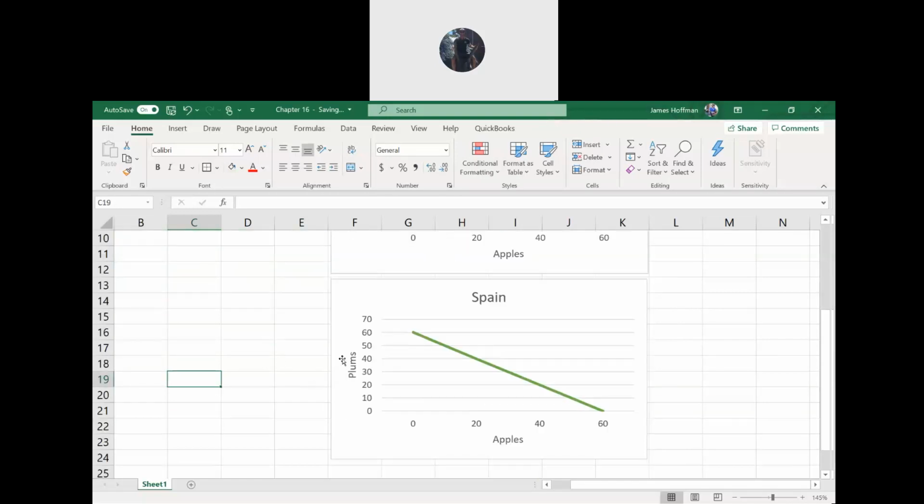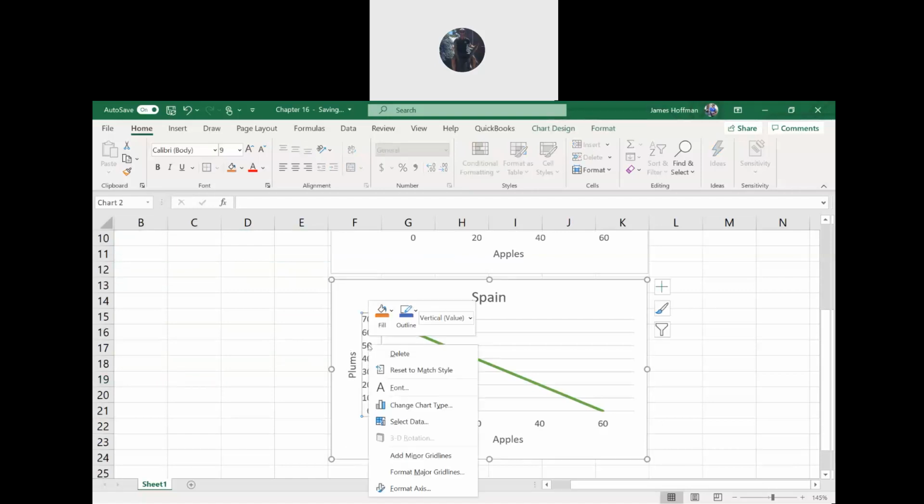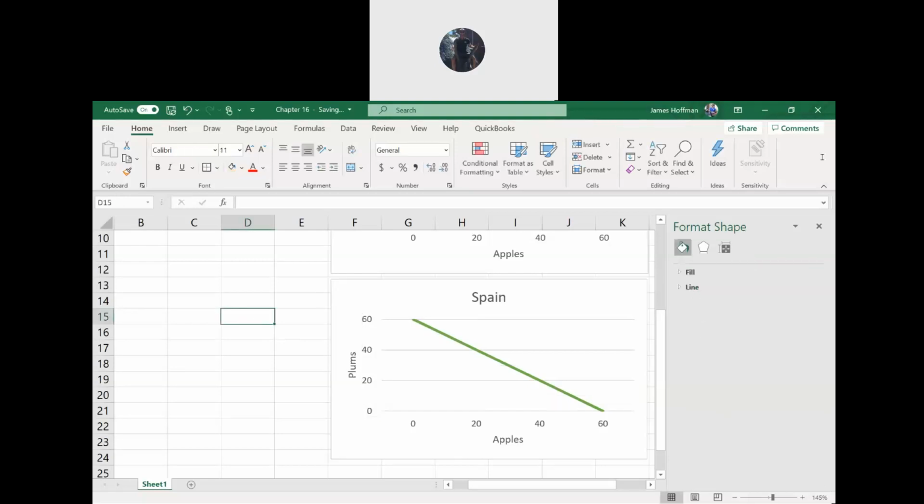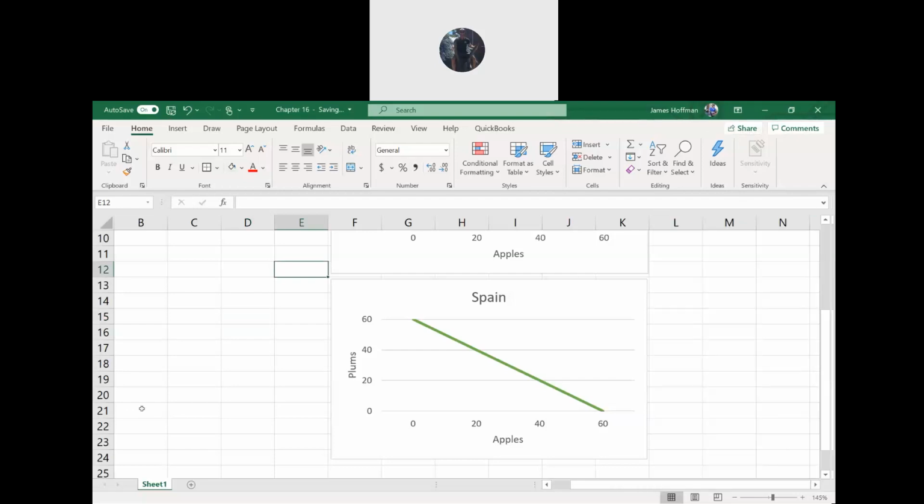And let me just format the axes a little bit to be like this one. I wanted to go in increments of 20, not 10.